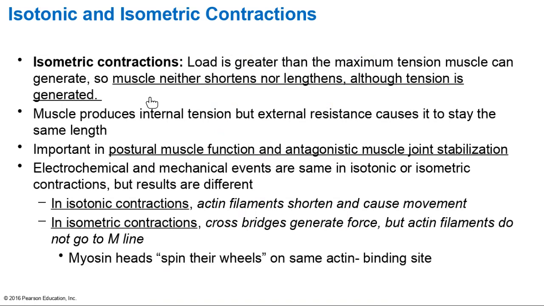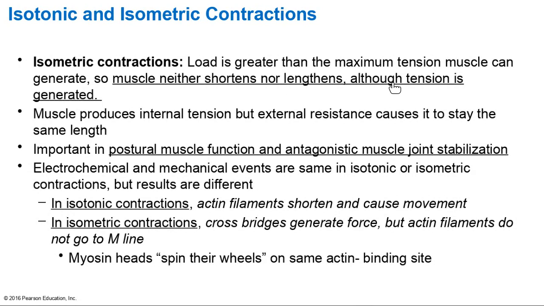Okay, what about isometric contractions? Remember that isometric means that we're not having a change in the length of the muscle. This is because the load is too much. We're not able to develop enough tension to move the load. Because not enough tension is developed, you get neither a shortening nor a lengthening of the muscle.